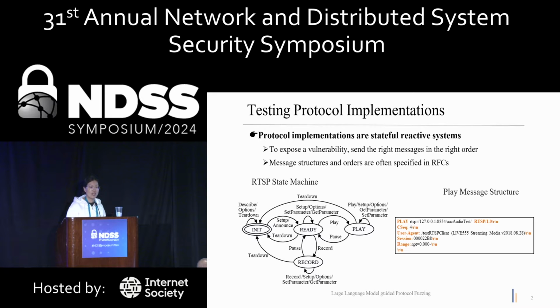And they are often written in natural language. It's not a very strict specification. So for automatic testing tools, it's hard to understand the state machine information and the message information directly.